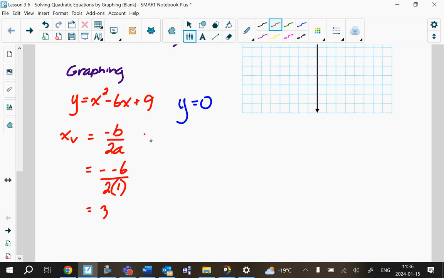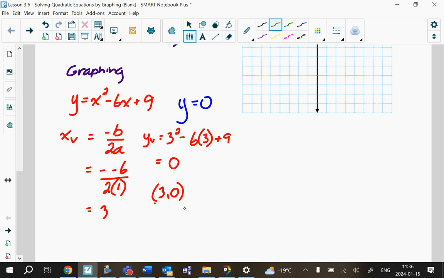And now we got to find the y vertex by plugging that 3 in and calculating for y. This is unit 2. Three squared, 6 times 3. So we've got 9 minus 18 plus 9. 0. So that means that the vertex is 3, 0.